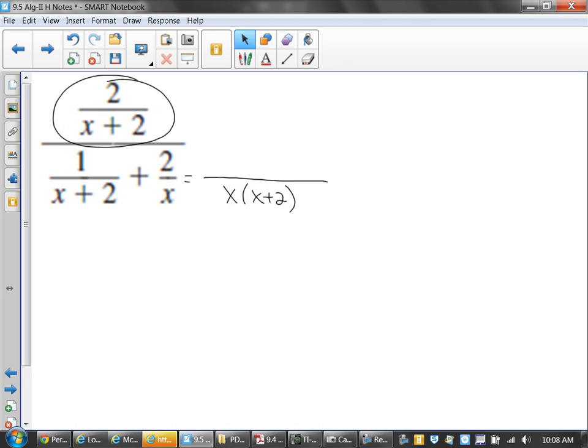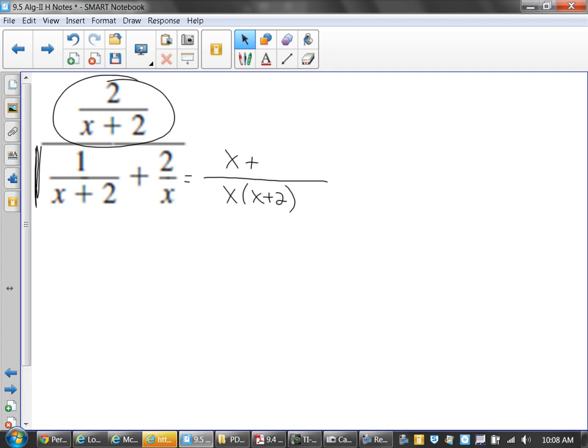Wait, aren't you adding them? We will be adding, we're just working with this part first. We're just working with this nasty looking denominator here. What does this fraction on the left need in order to create this? An x. So I multiply the numerator by x. So what's 1 times x? X. The fraction on the right needs what?